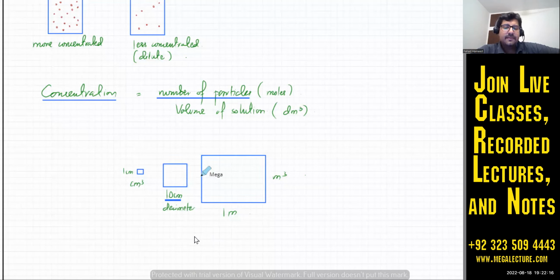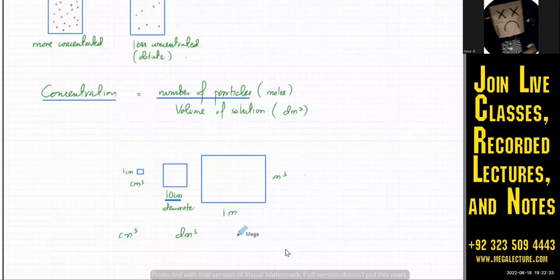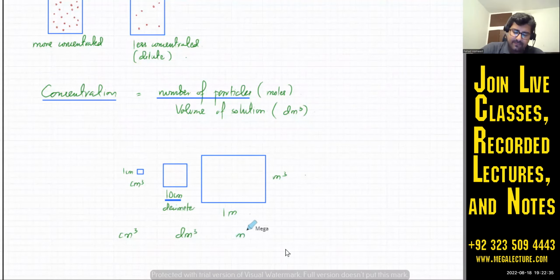Anyways, let me just tell you a little bit about the conversion, okay? If this is your first introduction to a decimeter, all you have to remember is that centimeter cube can be converted into decimeter cube, and decimeter cube can be converted into meter cube. Just like 1 kilometer can be converted into meters. It's 1000 meters.